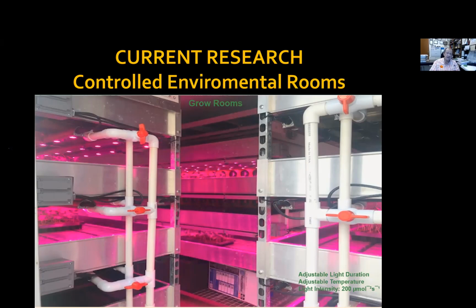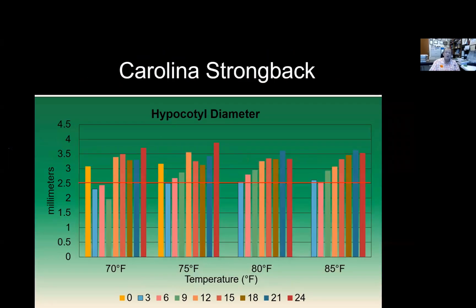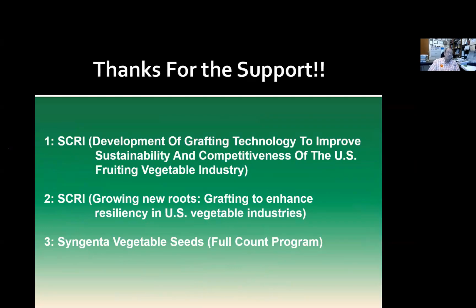So what did I want to conclude with? We've been very much supported by two SCRI grants that have been given by the federal government to support grafting technology in the US so that we can be major players in the US market.